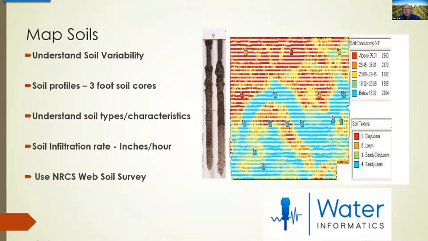So there's a 12-inch active root zone. So the key is, how do I hit that target? And that's really important when you start talking about soil moisture, and we'll get into how we map those things out. So again, we just pulled core samples and we looked at the variability of that block.